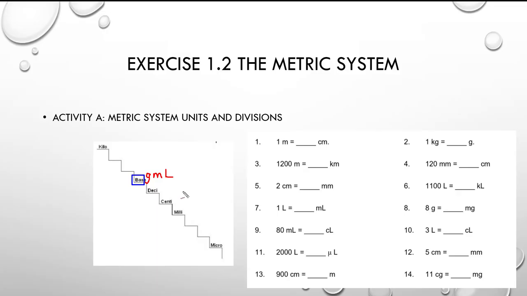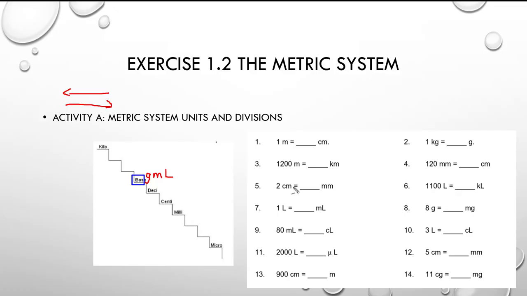Centi is 10 to the minus 2, milli is 10 to the minus 3, and micro is 10 to the minus 6. So the way you work this ladder is if you're going up the ladder, you're moving the decimal point to the left, however many steps. If you're going down the ladder, you're moving the decimal point however many steps to the right.